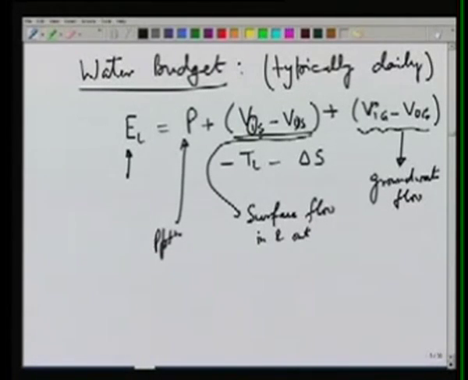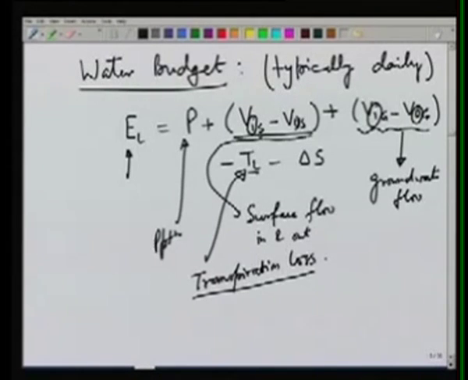Again in and out. So this term gives the net groundwater inflow into the lake. TL is transpiration loss. Typically it is very small for a lake, but just to be more accurate, we consider TL also. And delta S is a change in storage.